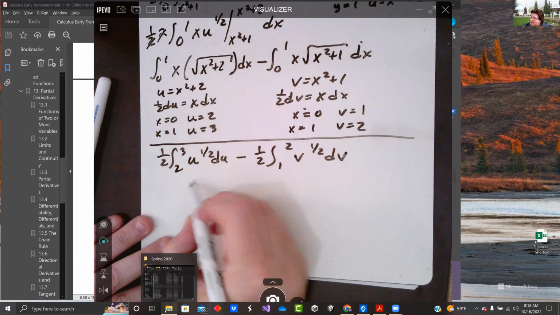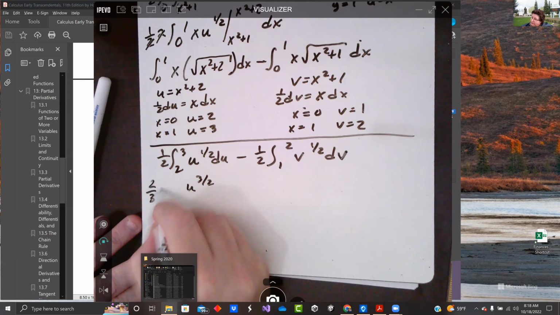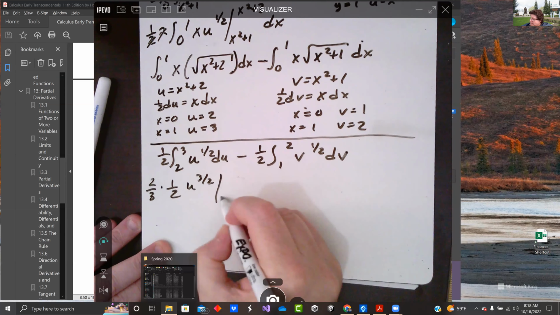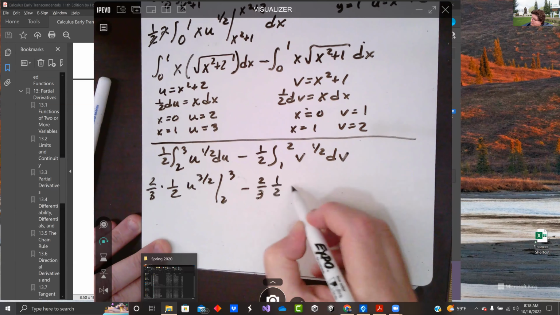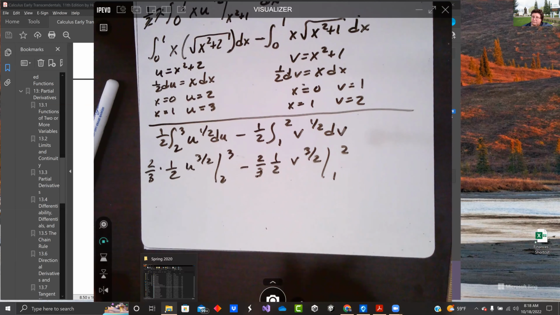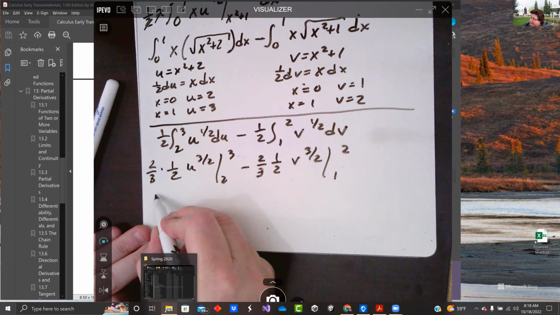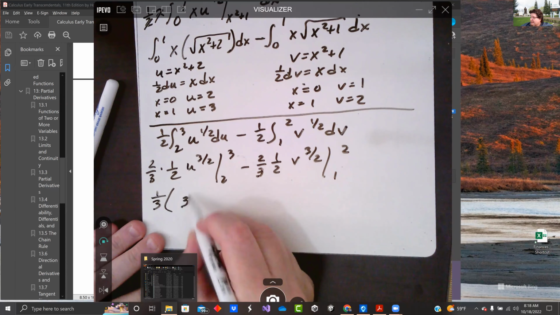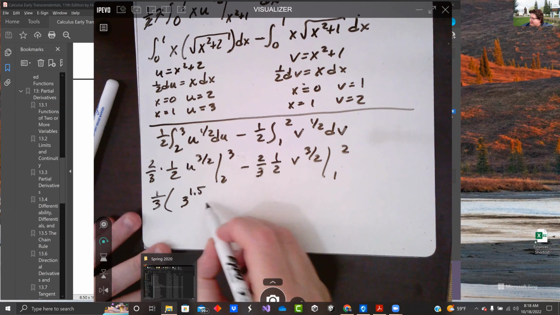In both cases, we're at 3/2. So we're multiplying by the reciprocal. Oh yeah, I didn't integrate it from the front. So we all got a 1/3 here, right? Put a 1/3 out front. I got 3 to the 3/2. I think 1.5 is a little bit easier to write.